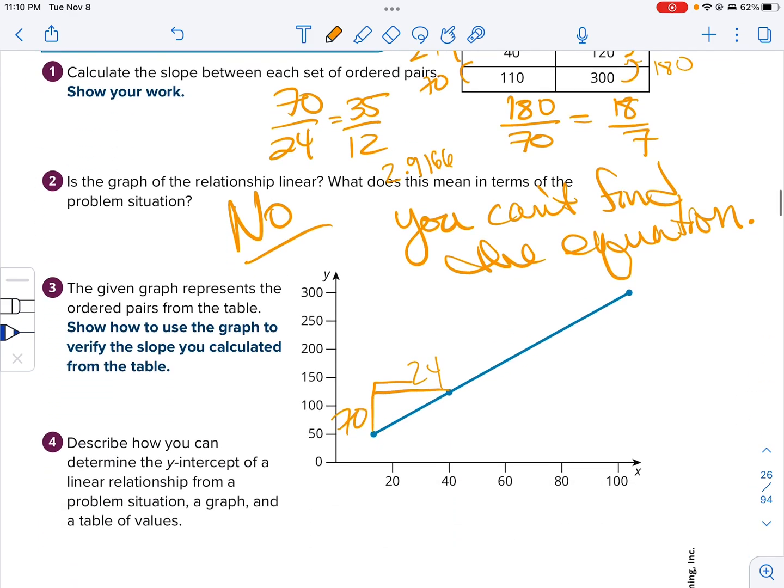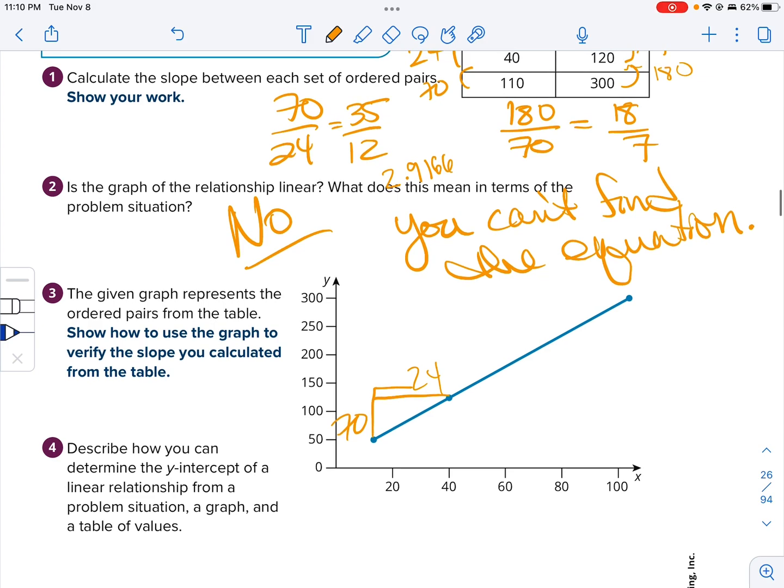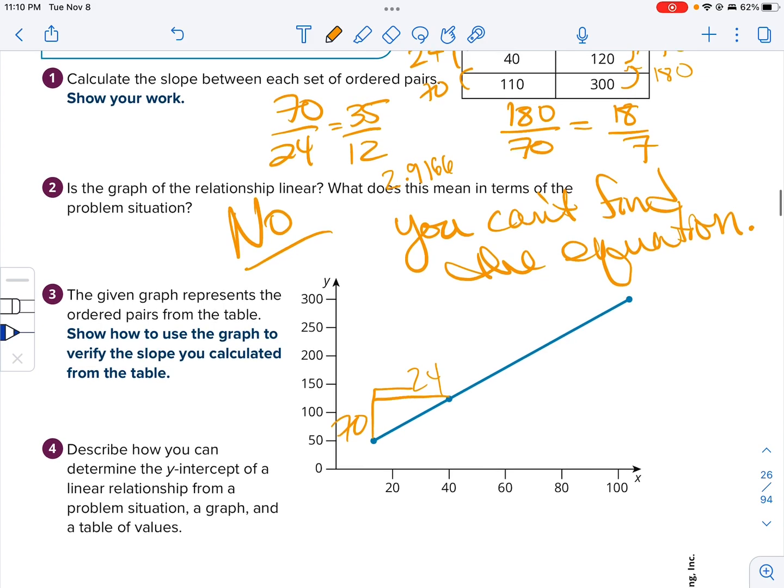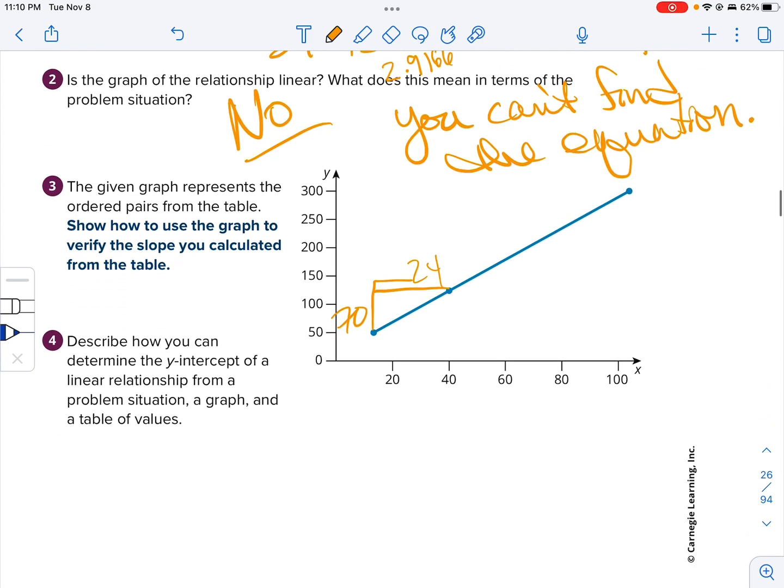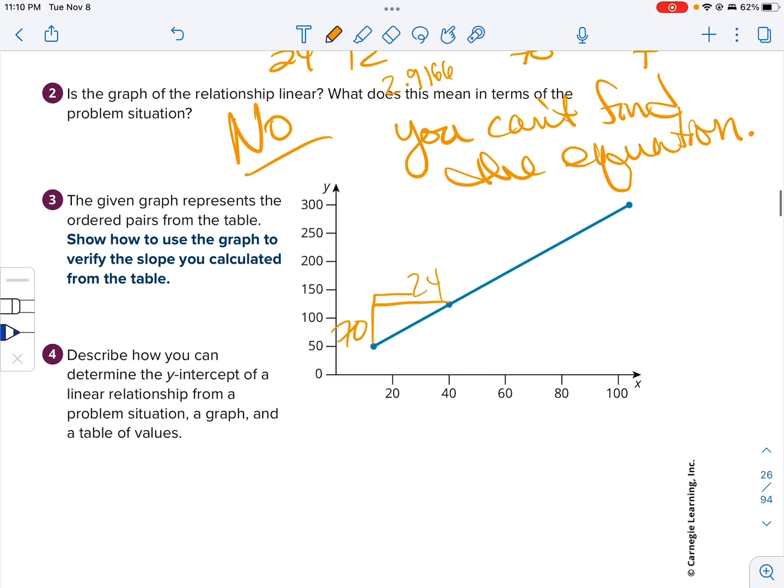Yeah. Show how to use the graph to verify the slope you calculated. That doesn't make any sense whatsoever.